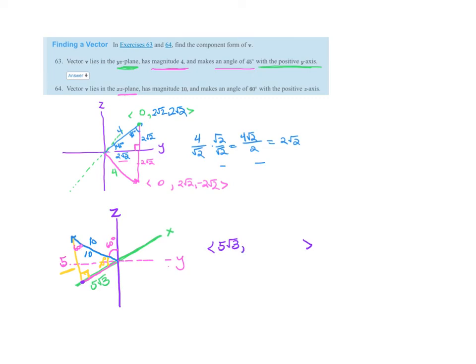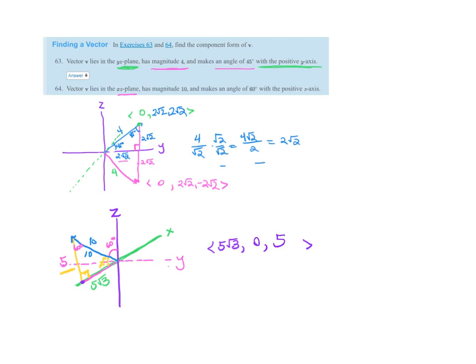The y value, it didn't go anywhere on the y value, right? It didn't move this way. It's just on the x and z plane. So therefore y is 0. And z is going to be 5.